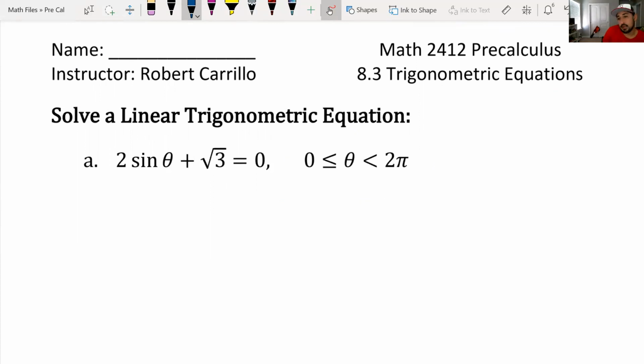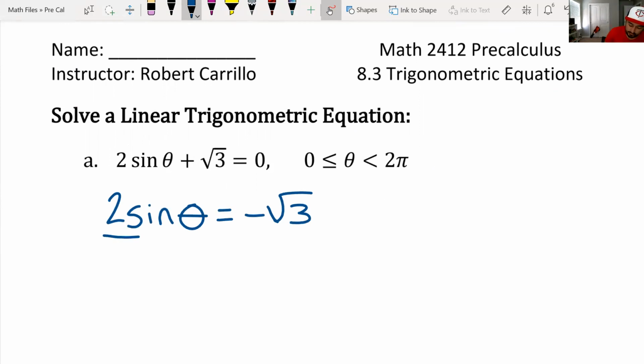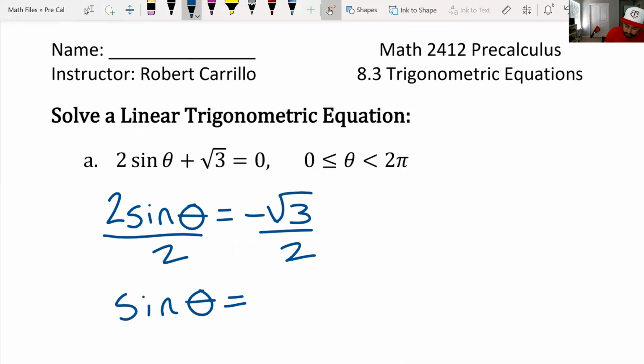Our job here is to solve for sine theta. So subtract the 3 to the right side. You get 2 sine theta equals negative square root of 3. Then divide by 2, and sine theta equals negative square root of 3 over 2.